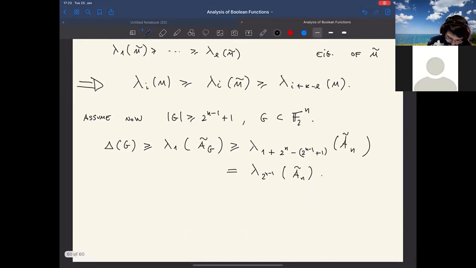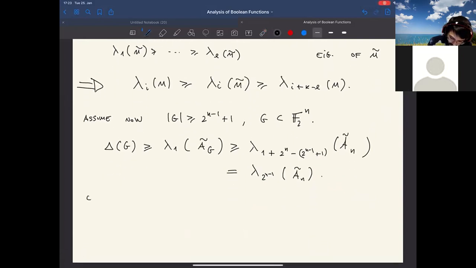Okay, and here's how we do it. Define a claim. Let's build A tilde n inductively by this process. Okay, I is the identity. So this is a 2 to the n by 2 to the n matrix.